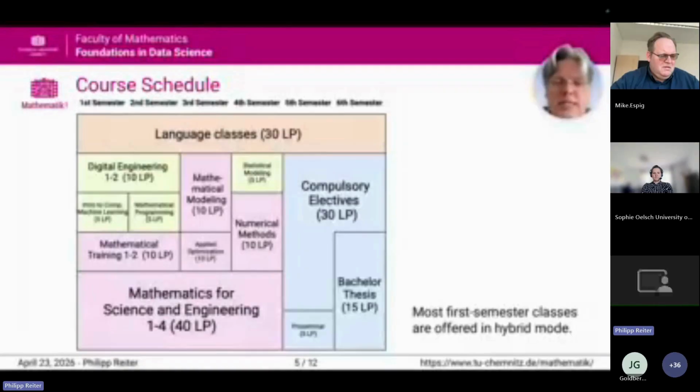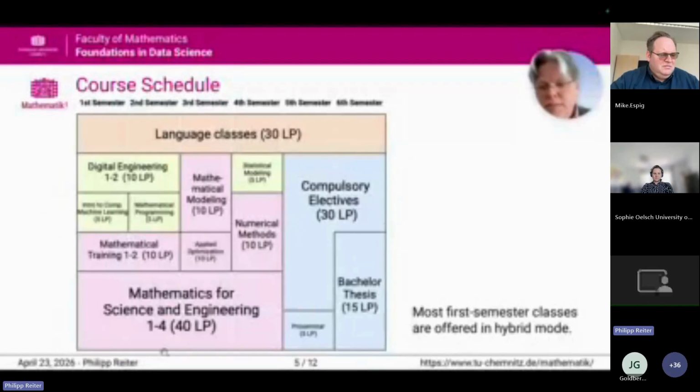First semester classes are mainly offered in hybrid mode, so in case there should be any issue with visa, for instance, then you don't lose time. You can start studying from the very first lesson on, and after one semester, you should at least arrive in Germany at Chemnitz. You see that there is a substantial part in mathematics.